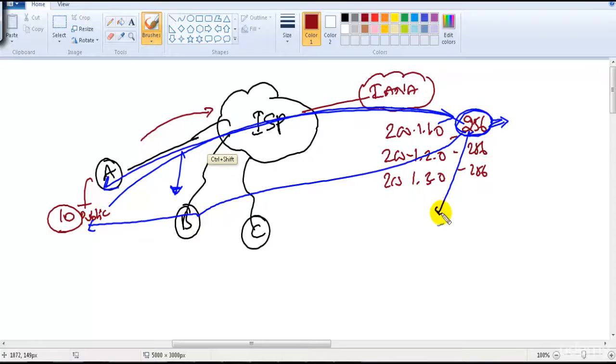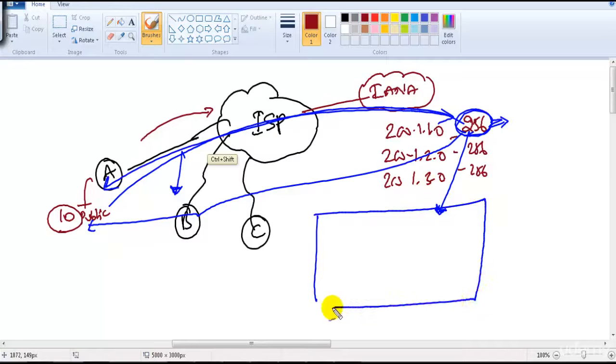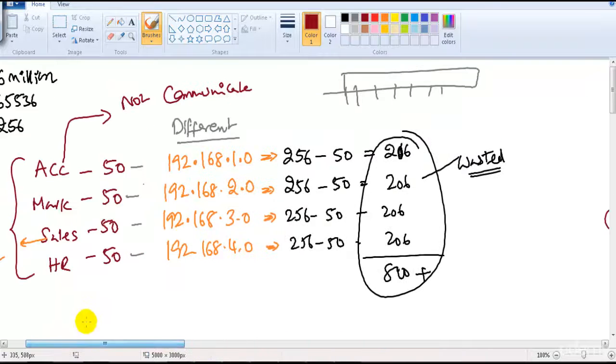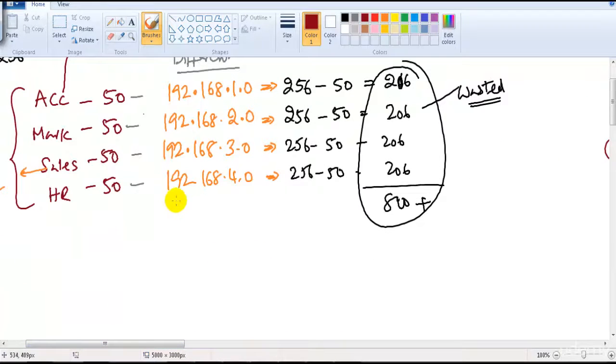We have a requirement much smaller than that. So the solution is simple: divide one big network into multiple small networks, and then allocate them to different departments. Like here in this example, I'm not going to use different networks here.